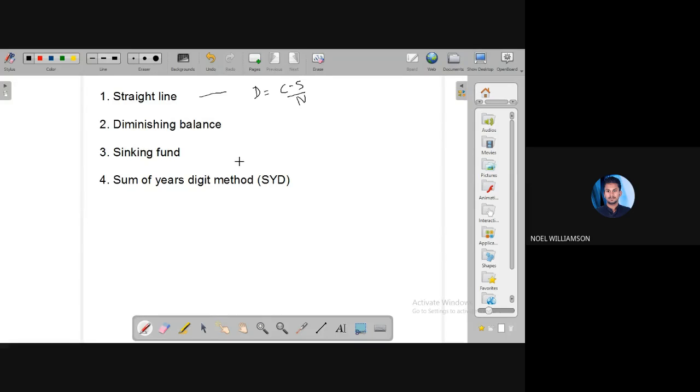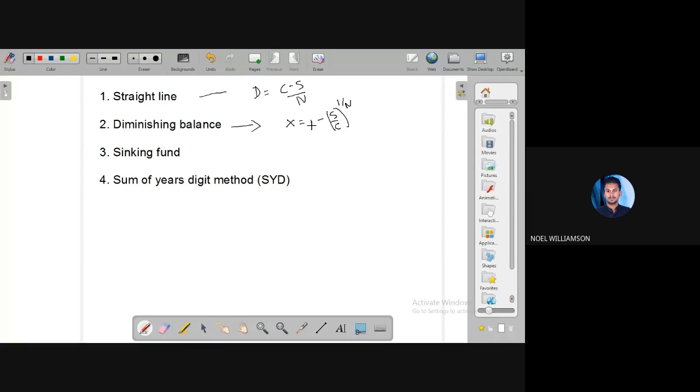And in the diminishing balance method, you found a yearly depreciation factor X, which is (1 minus S by C) the whole raised to 1 by N, and using this factor you found the book value for each year and the depreciation value also.